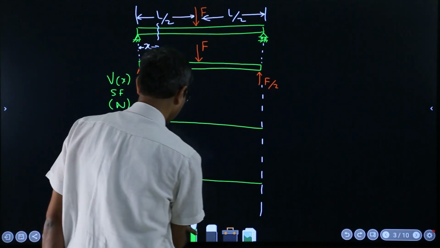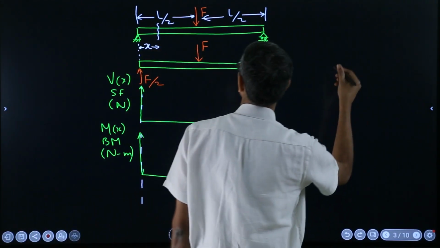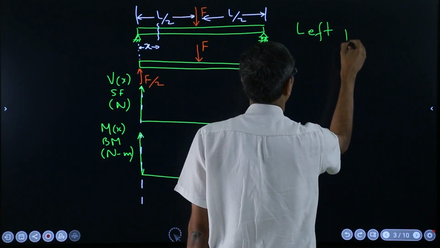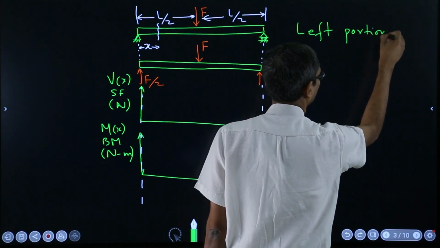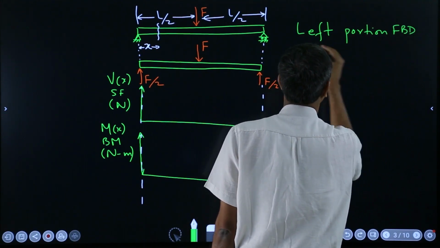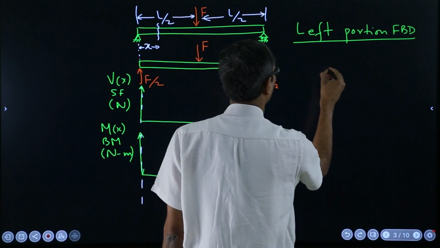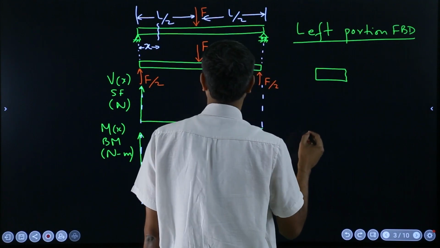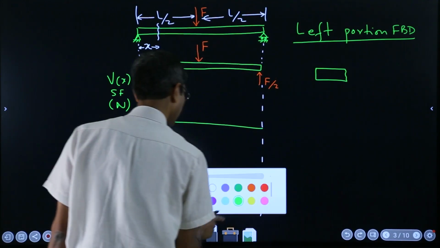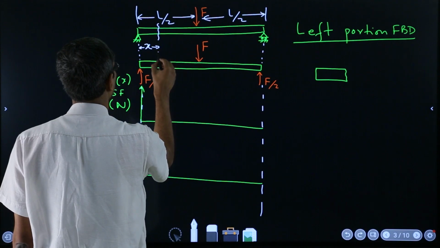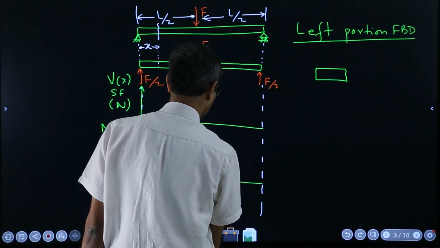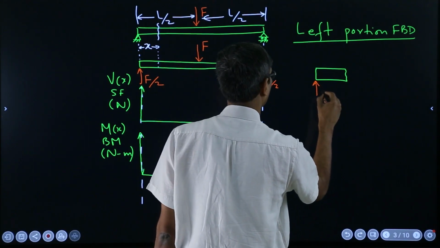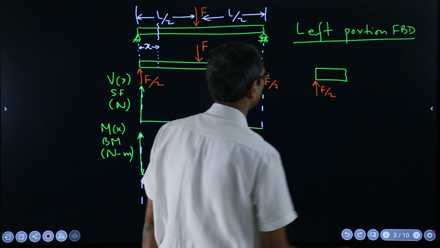Let me draw the left portion FBD. Here I have cut, so the forces to be shown are F over 2, and nothing else.